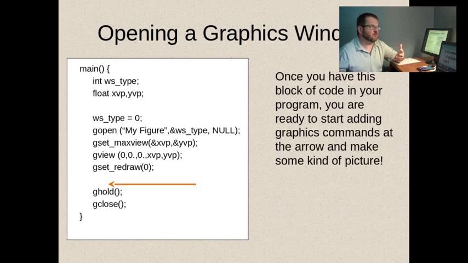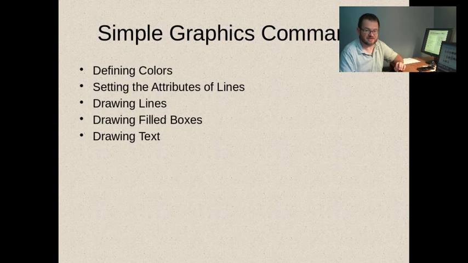So once you have this block of code in your program, you're ready to start doing graphics commands that are going to be able to put circles and squares and lines and so on. And we'll see that the set of tools that you have here are very primitive. They're just simple things like line drawing and basic shapes like circles and rectangles. So if we're going to be drawing shapes on the screen, we're going to need to be able to tell the computer what color we mean to draw them in.